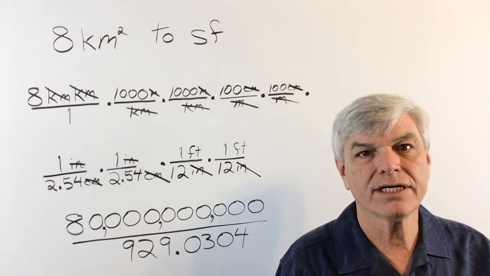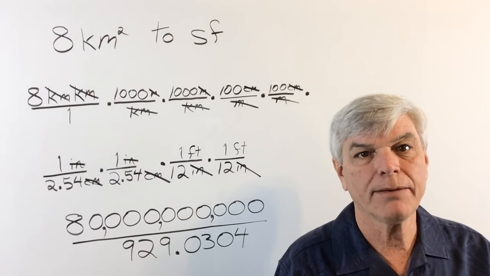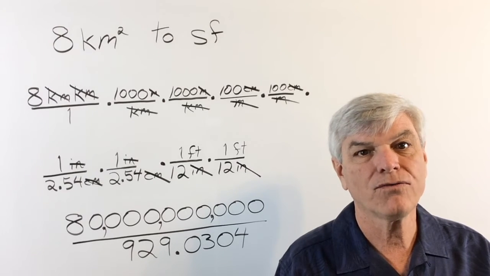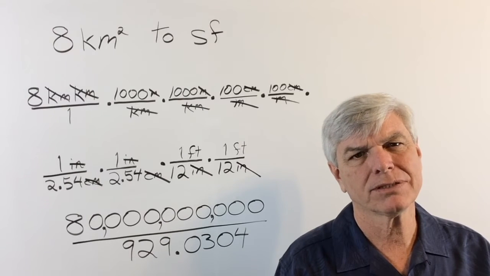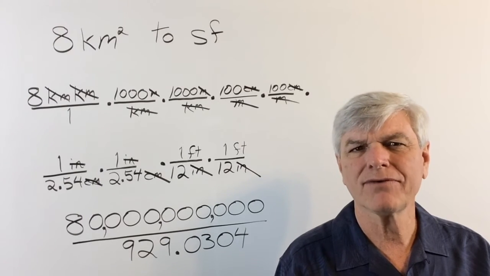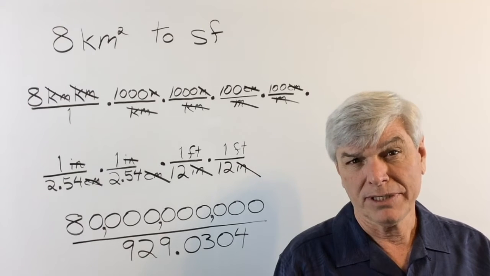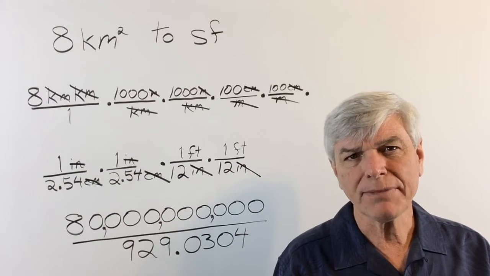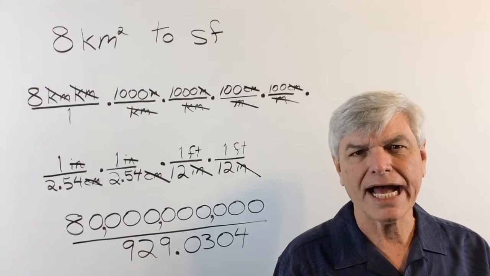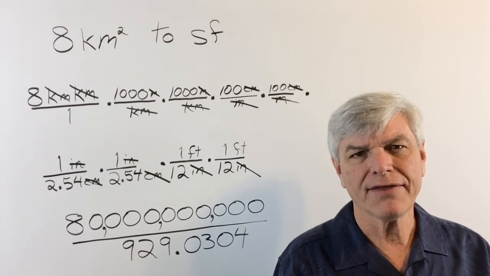In the bottom we have a number of 929.0304. And I know I said only carry out the decimal 2 places. That would be for an answer. But as you can see, I have just a huge number, 80 billion, and so I'm going to want a lot of accuracy when I divide that out.